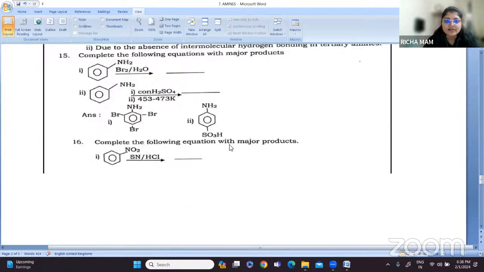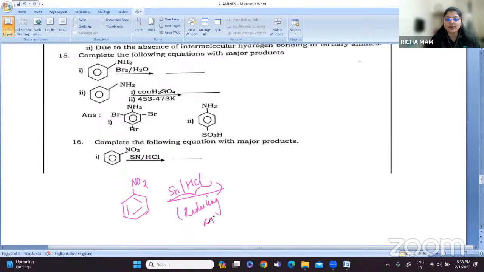Complete the following reaction with major products. Tell the answer for this. You have nitrobenzene. You react it with tin and HCl. So these are the reducing agents. So what are we doing here? Nitrobenzene is converted into what, students?